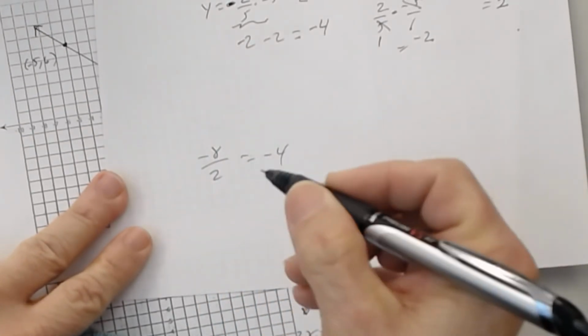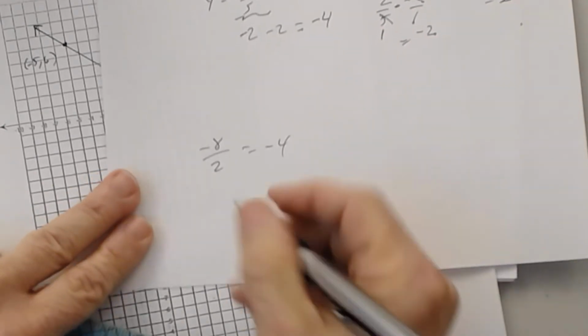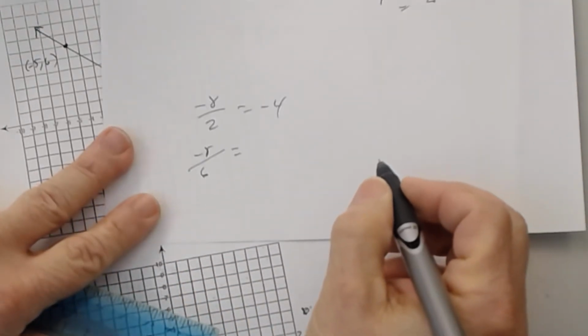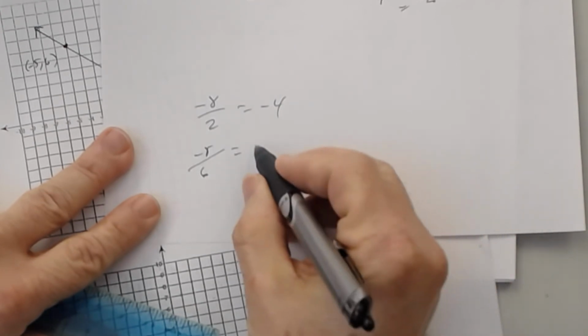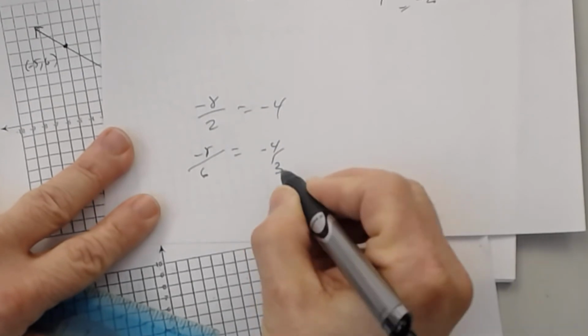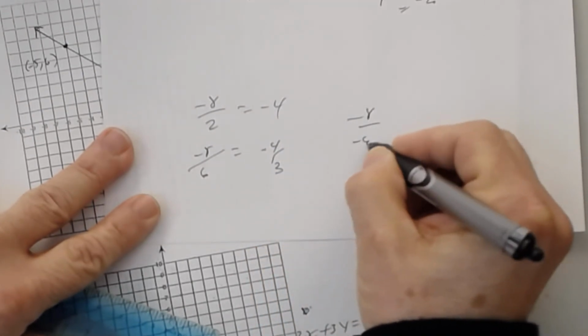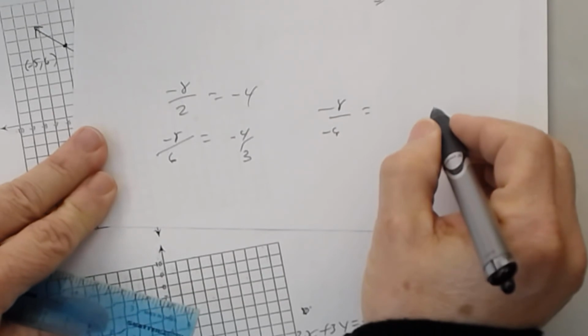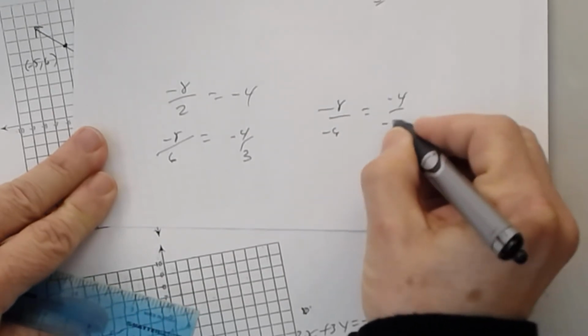Negative 4. All right, so if you keep it as a fraction, what is a negative 8 divided by 6 reduced? Negative 4 over 3. Okay, what's a negative 8 divided by negative 6 reduced? Negative 4 over negative 3. Okay, good.